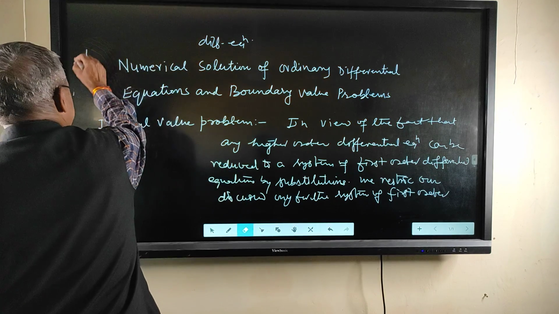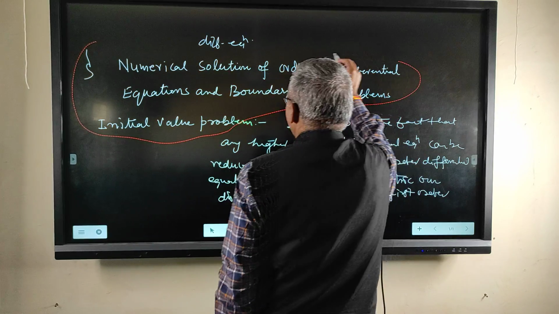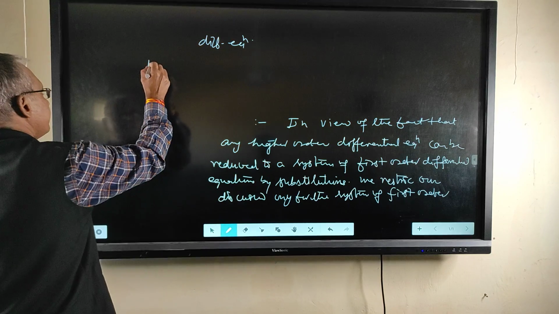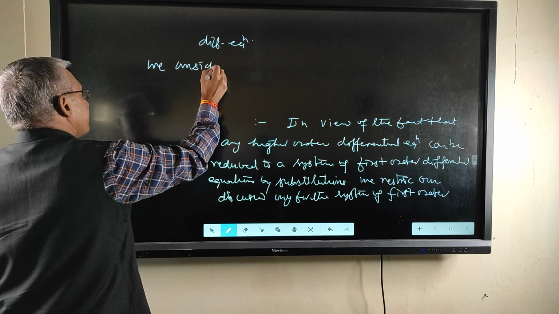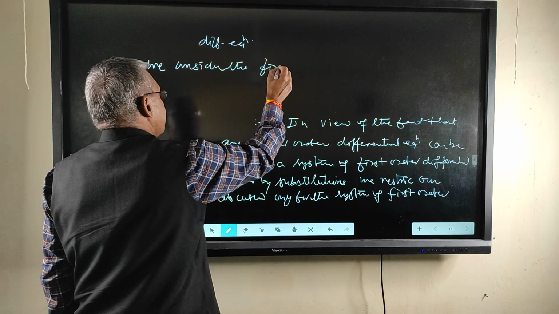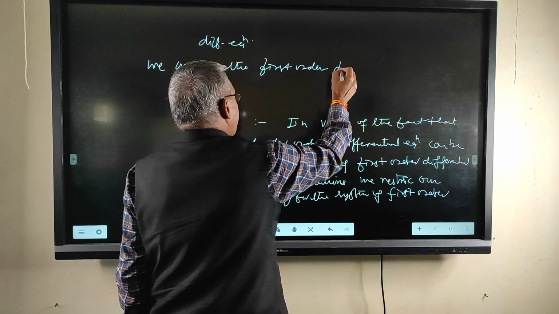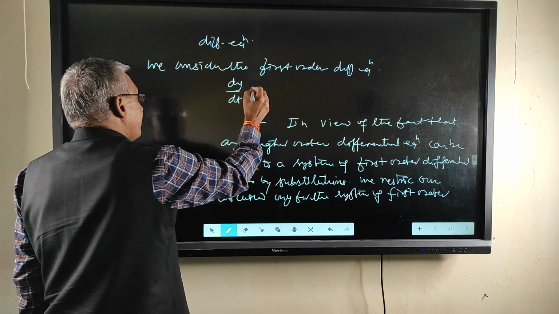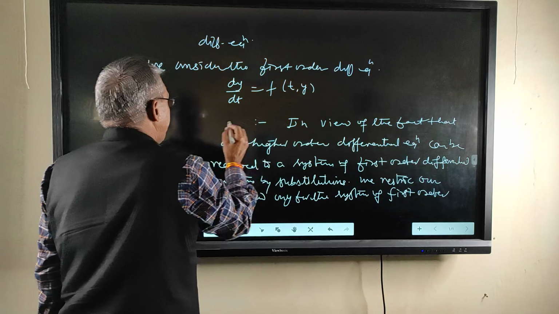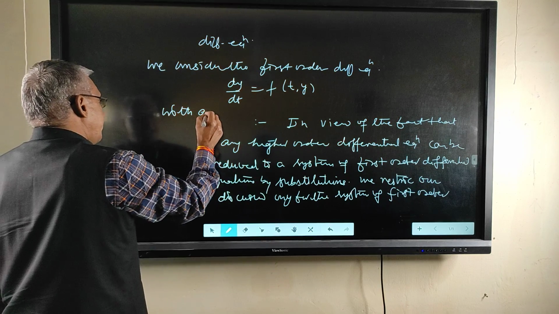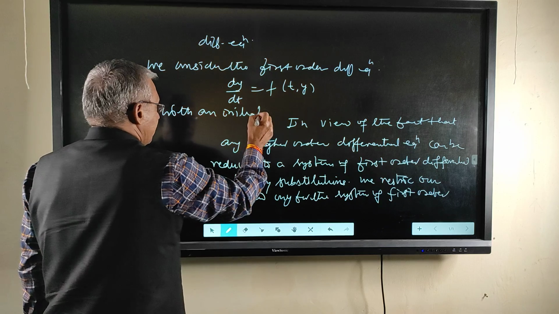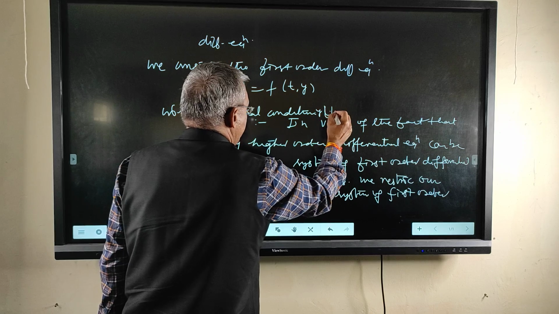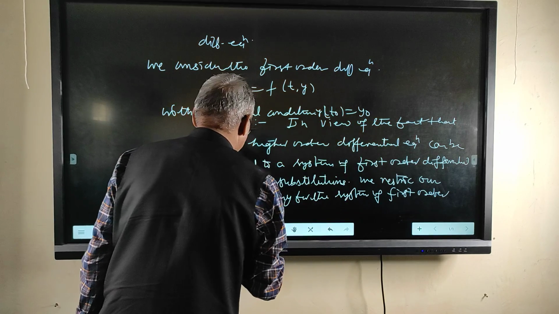We consider the first order differential equation, which is dy by dt equal to f of t comma y, with an initial condition y of t0 equals y0.